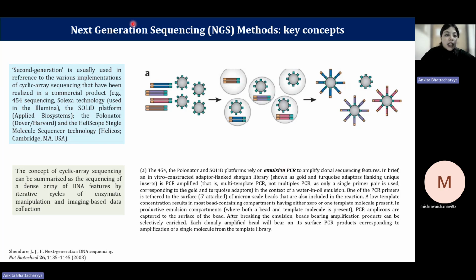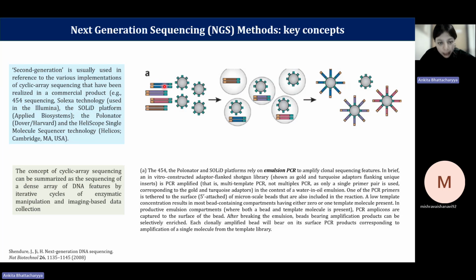What does it mean? It means here you have a shotgun library. How is that generated? We already know, by fragmenting DNA. Fragmentation is performed not by restriction digestion, but by random fragmentation of the entire genome so that there is no bias, and you get a representation of all regions within the genome so that whatever conclusions you make are very correct.